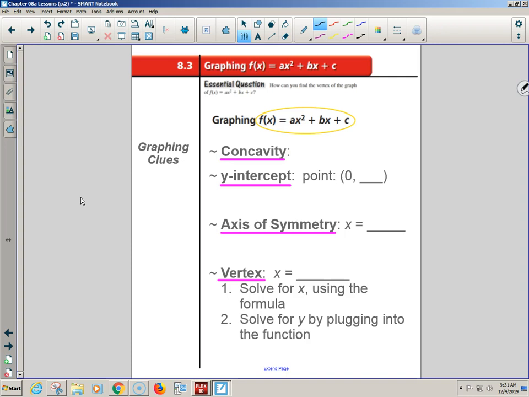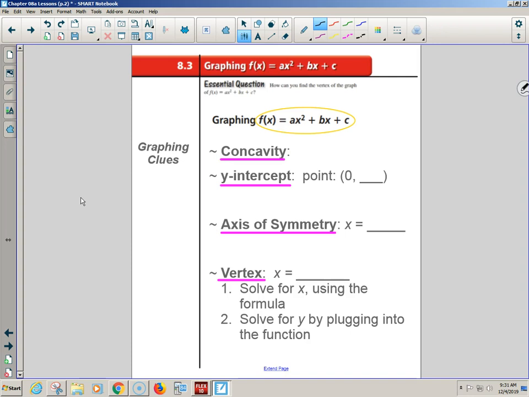In section 8.2, it said you can also have an addition of just a number, a positive or a negative number. At the beginning of class yesterday, we did a summary page of what's going on with the a, that's section 8.1, and what's going on with the c, that's section 8.2. But guys, check out 8.3.